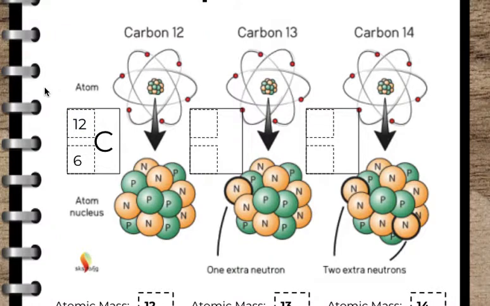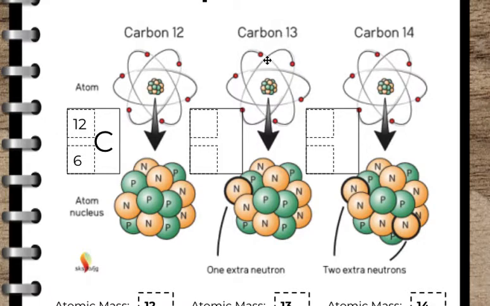So the final chemical symbol for this particular isotope, this carbon 12, would be a 12 top left, a C right here, and then a 6 in that bottom left-hand corner.